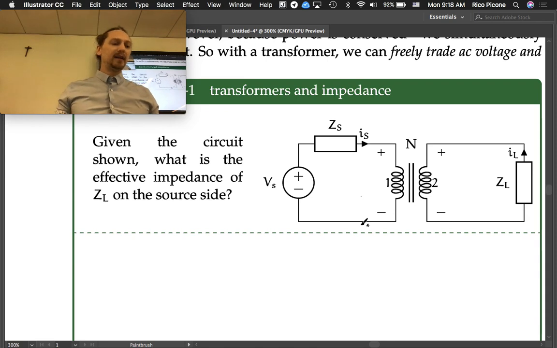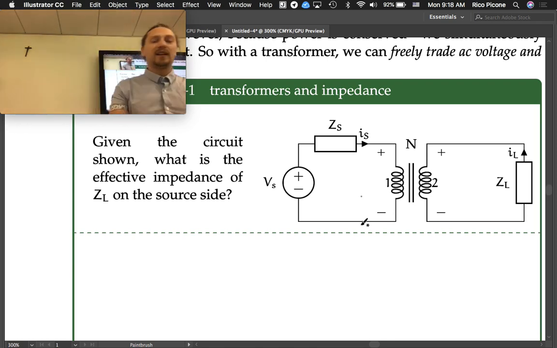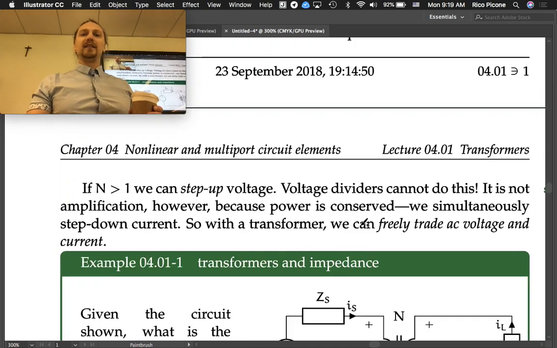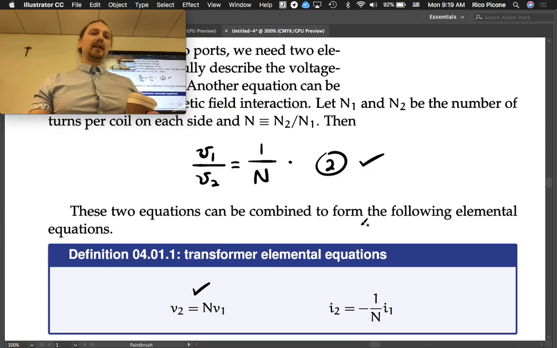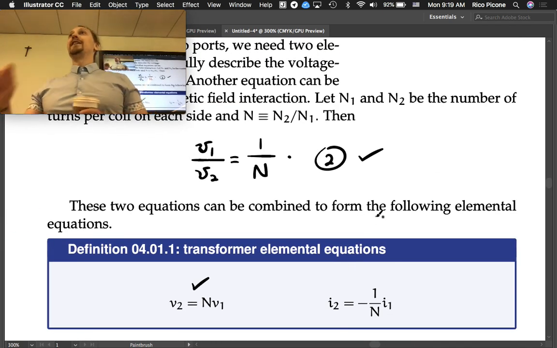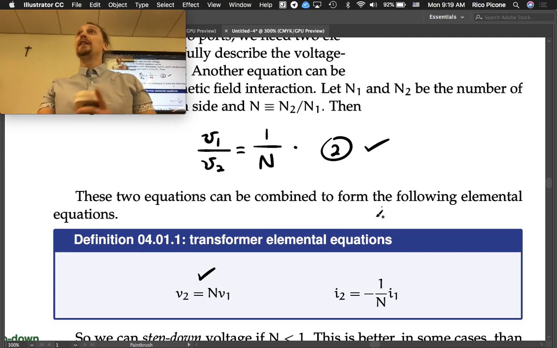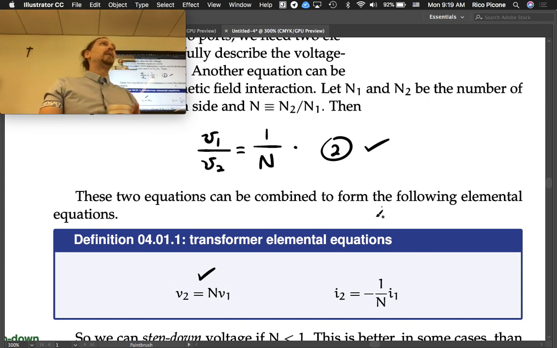We're talking about impedances. Remember, I said at the beginning, impedances don't work for nonlinear circuits. Is the transformer nonlinear? No, it's linear, right? It's linear because the elemental equations are linear equations. They're actually algebraic too. But since they're linear, all of our impedance methods still work for transformer circuits, okay?